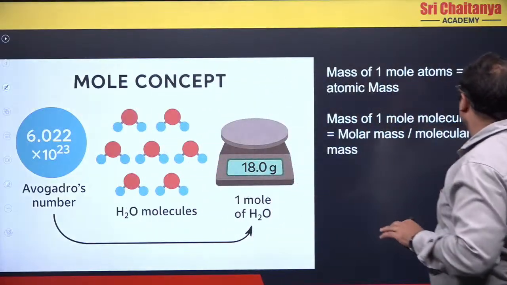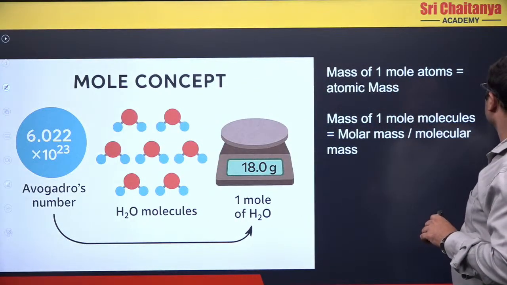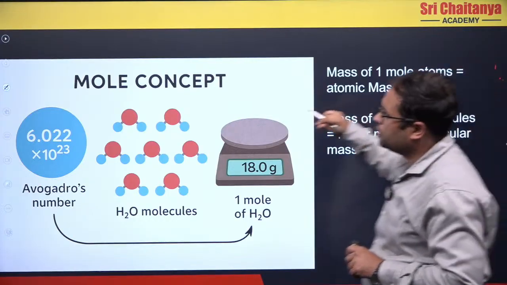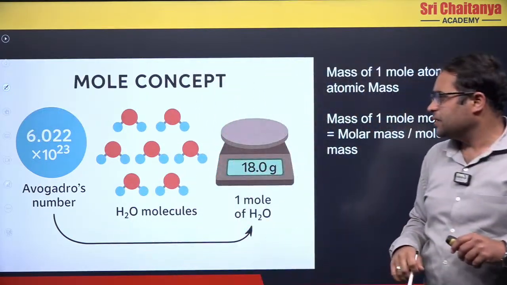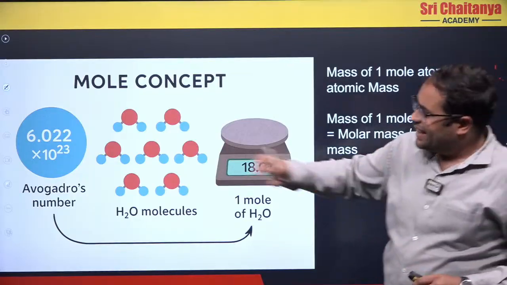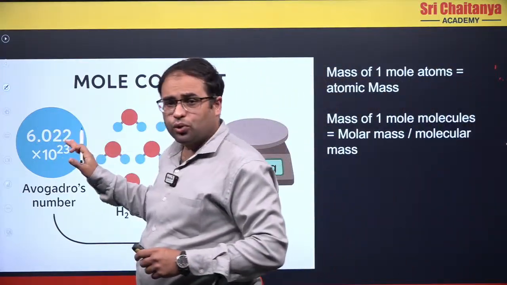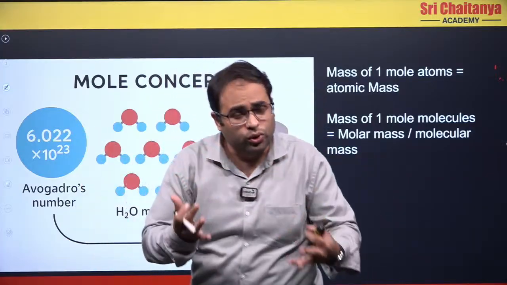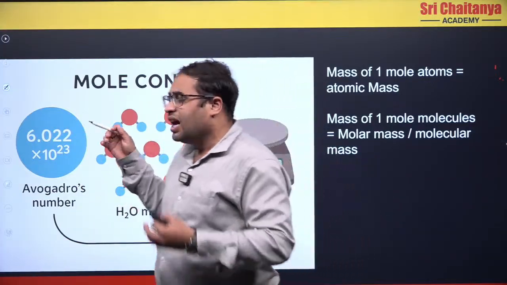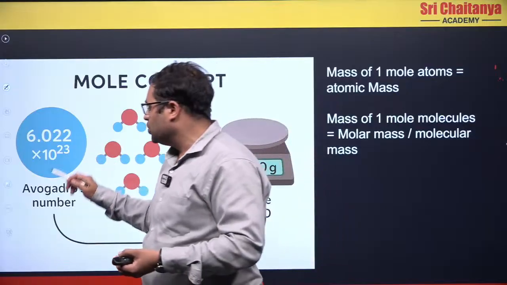After we have finished with this, this number 6.022, somewhere in some books it's 6.022, somewhere it is 6.023, doesn't make much of a difference. I will normally use 6.023.